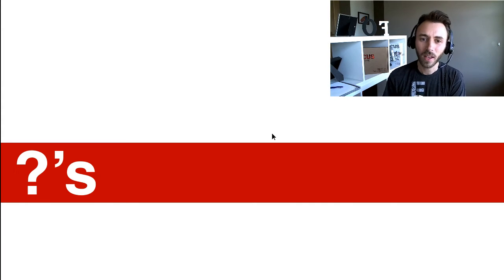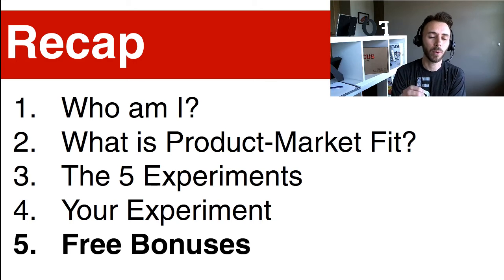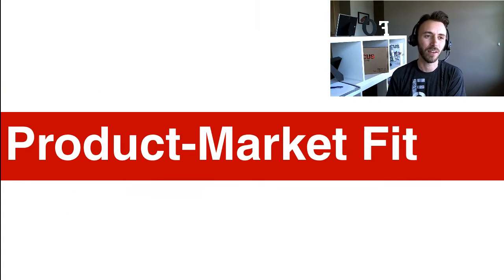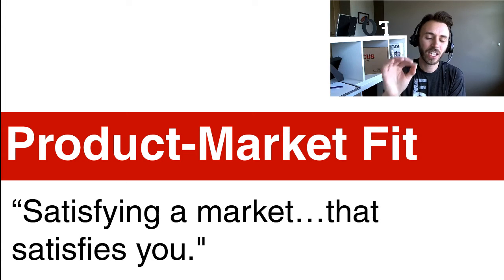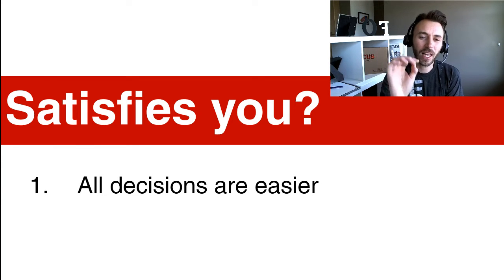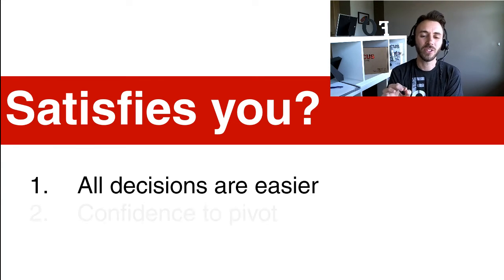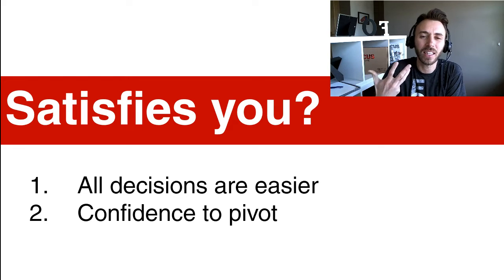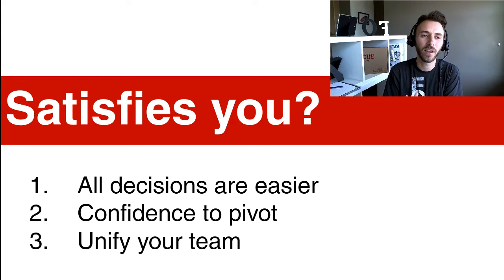And then I'm going to go and answer them. But let's just recap what we've talked about today, and then we'll do free bonus stuff. So we talked about what product market fit is: satisfying a market that satisfies you. We know that once you define what satisfies you, all of your decisions are going to be easier to make. It's going to give you the confidence to listen to your customers and pivot when necessary, and it's going to bring your team together.